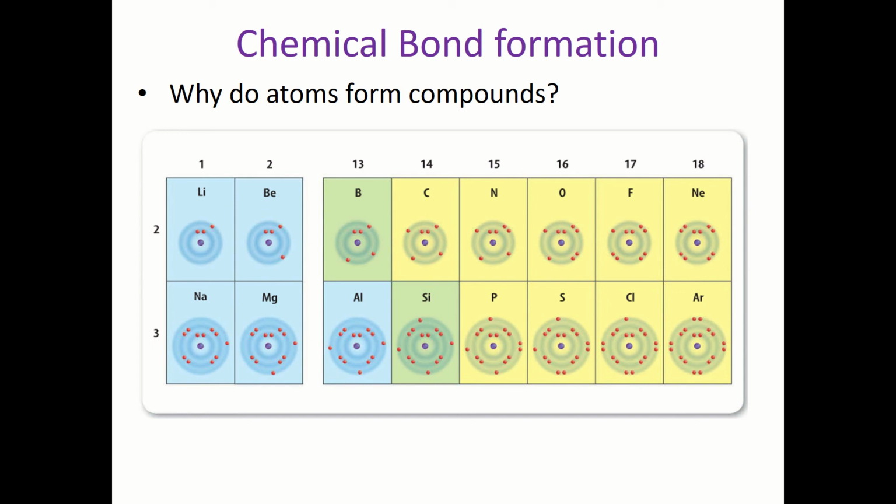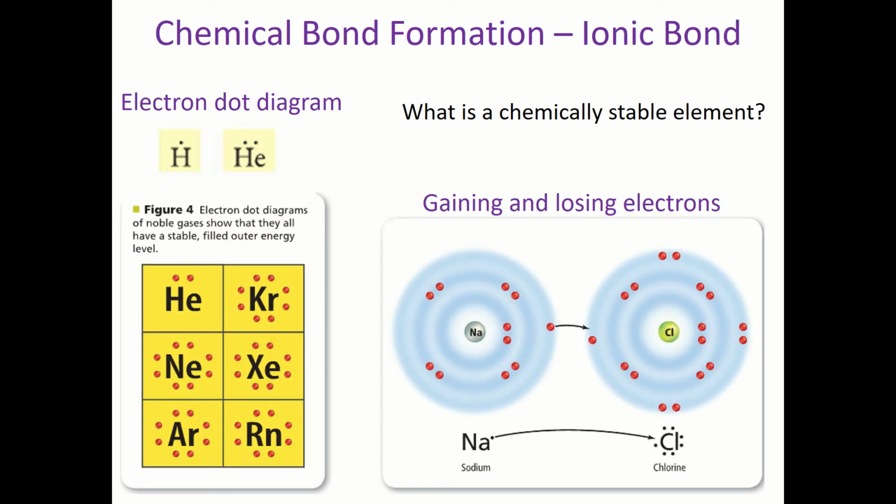So you see, this is the thing. Sodium has an extra electron that it wants to get rid of, and chlorine needs 1 electron to become stable. That's why they like each other. So sodium will give chlorine 1 electron. Sodium will lose 1 electron, and chlorine will gain 1 electron.